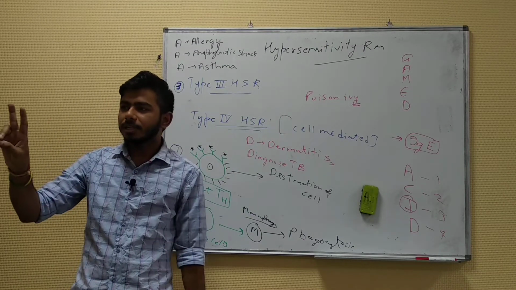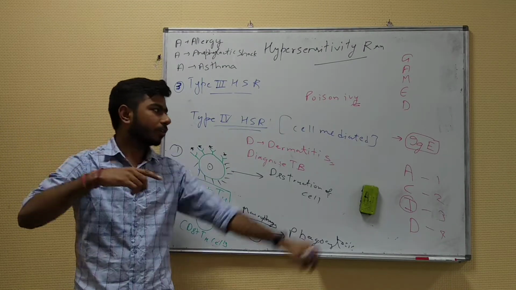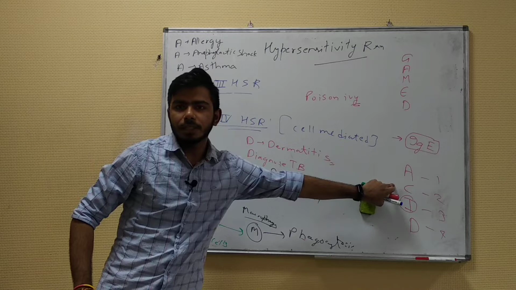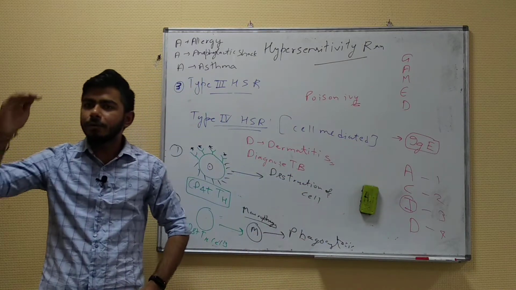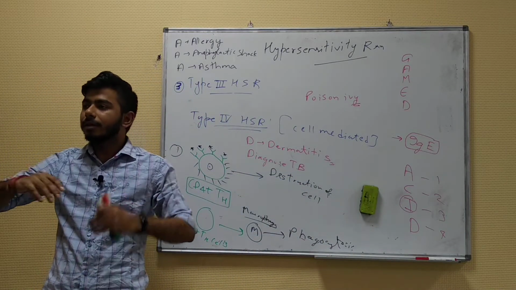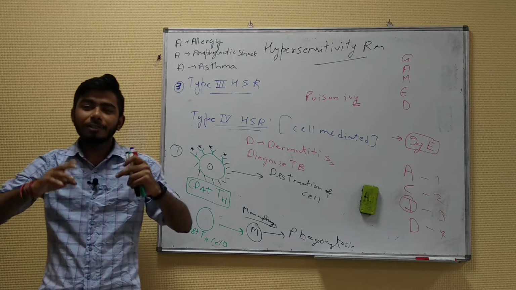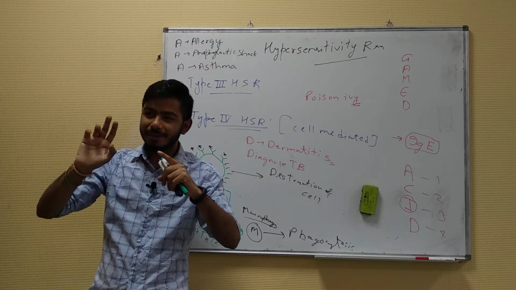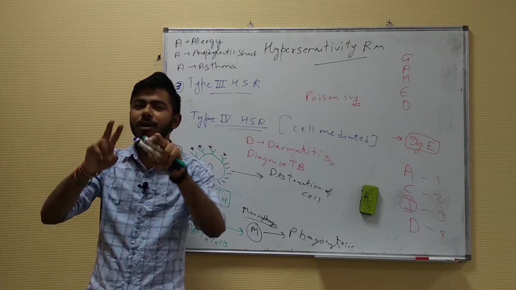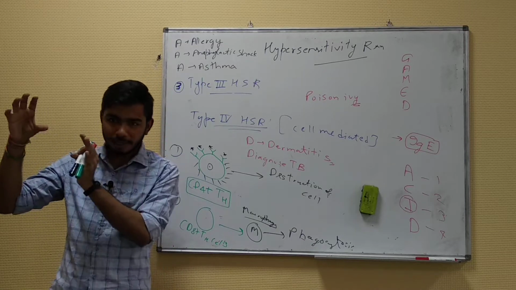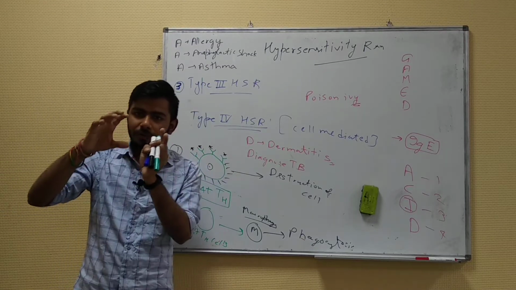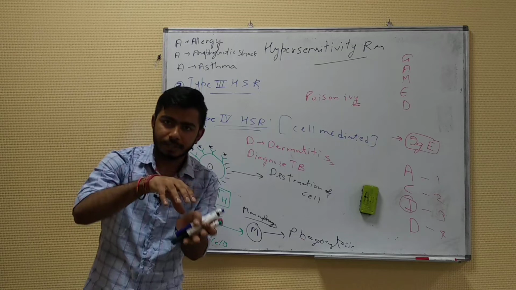In type 2 hypersensitivity, that was the cytotoxic hypersensitivity. What was the difference between type 2 and type 5 hypersensitivity? Type 2 hypersensitivity, these are the soluble immunoglobulins. They will be binding to the cell surface. I'm talking about type 2.